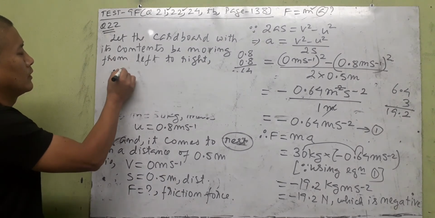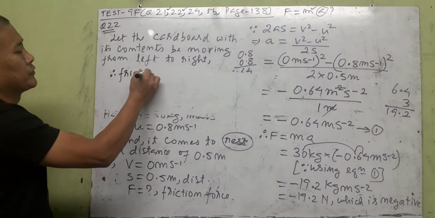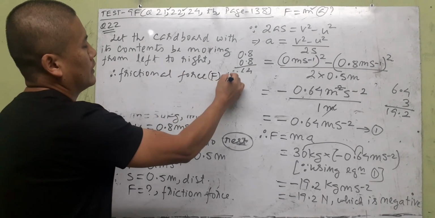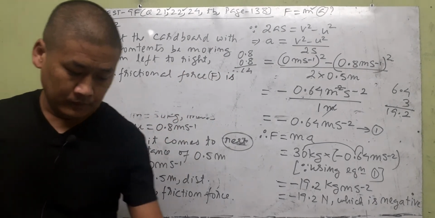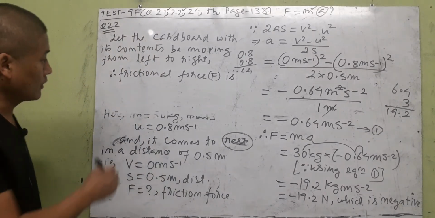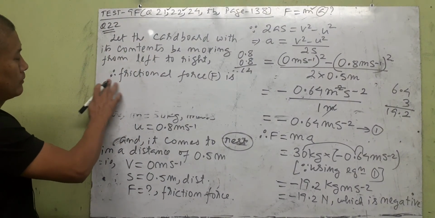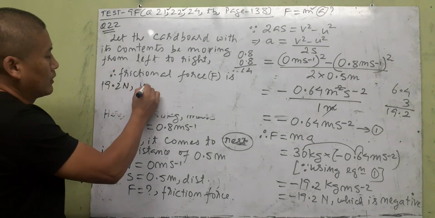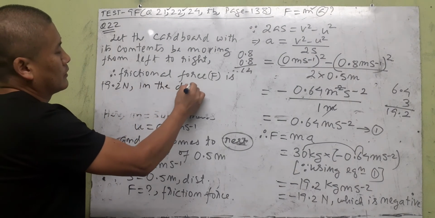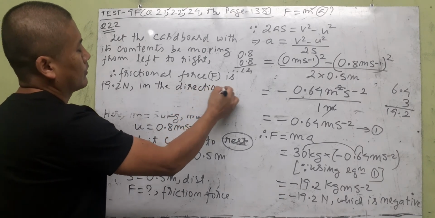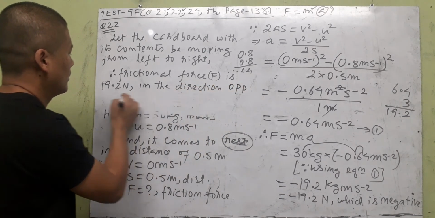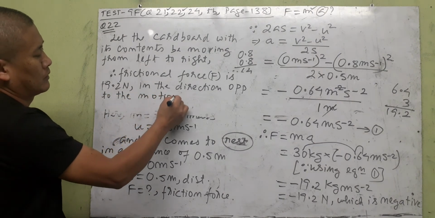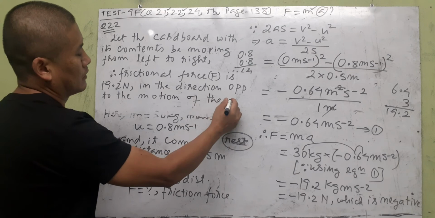Therefore, the frictional force F is 19.2 Newton, and negative means in the direction opposite to the motion of the object.